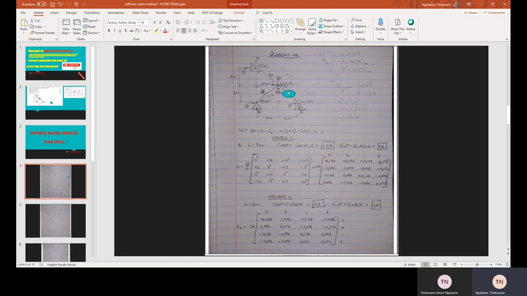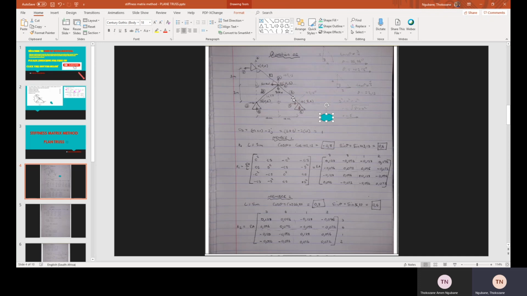I have constructed a right angle triangle to get the angles here. In this right angle triangle, this side is 3 meters and this side is 4 meters.